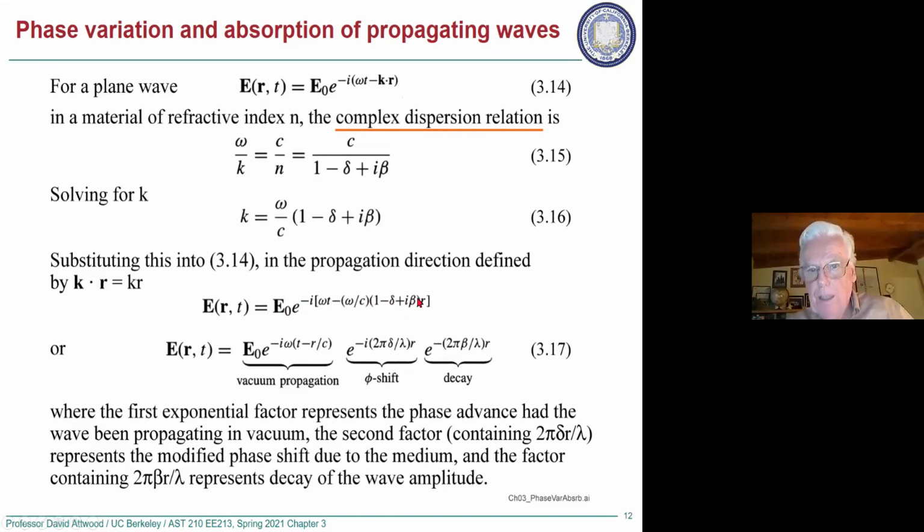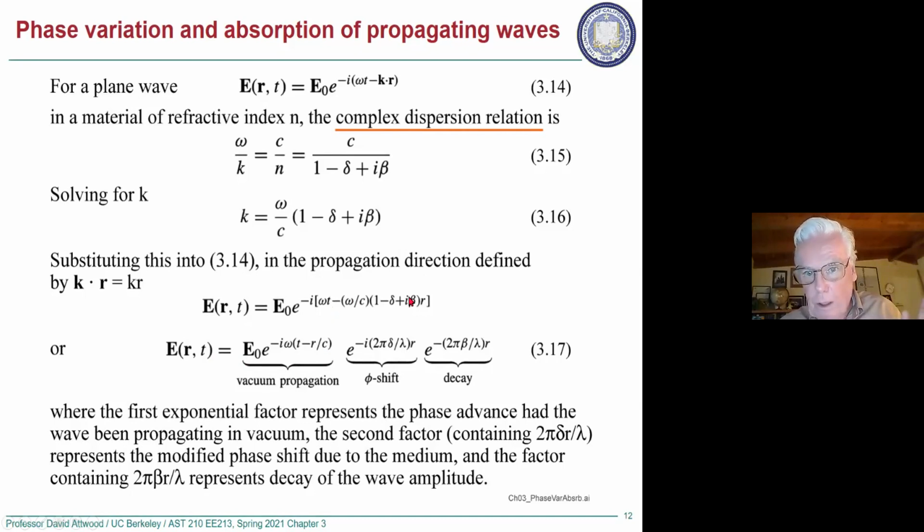If we multiply this out and combine terms, we'll see that the electric field has this amplitude and the time dependence here: these two omega terms, there'll be a t, and this one will be an r. So this gets us the retarded time. This is the propagation that our wave would have in vacuum.